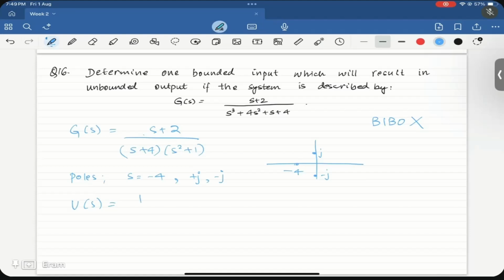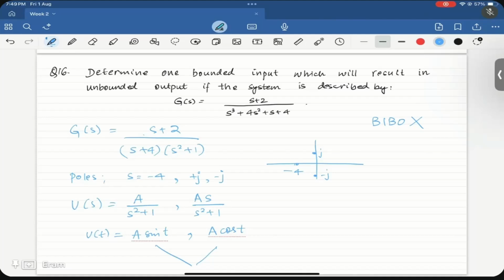So we can take 1 over s square plus 1, or s over s square plus 1, with any scalar multiple. This is the Laplace transform of a sin t, and this is the Laplace transform of a cos t. So any one of these inputs will make the response of this system unbounded.